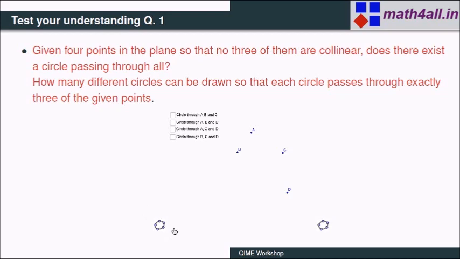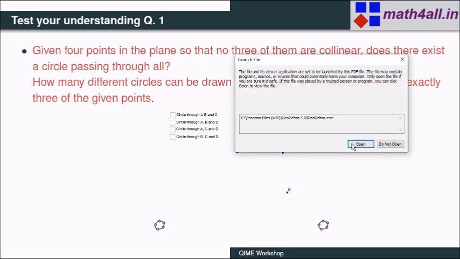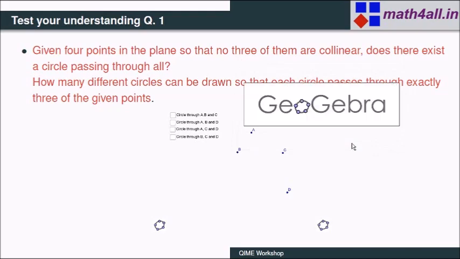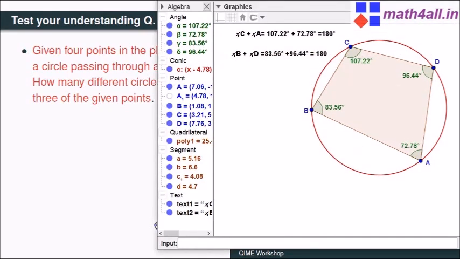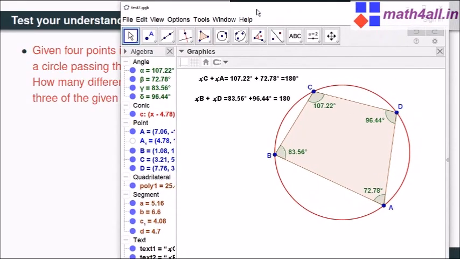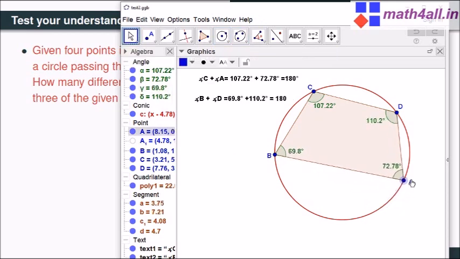So let us look at the first one. Given 4 points in a plane, if the circle is to pass through them, they should be concyclic. They are concyclic points, and you know a property of a concyclic quadrilateral, that the sum of the opposite angles should be 180 degrees, right?